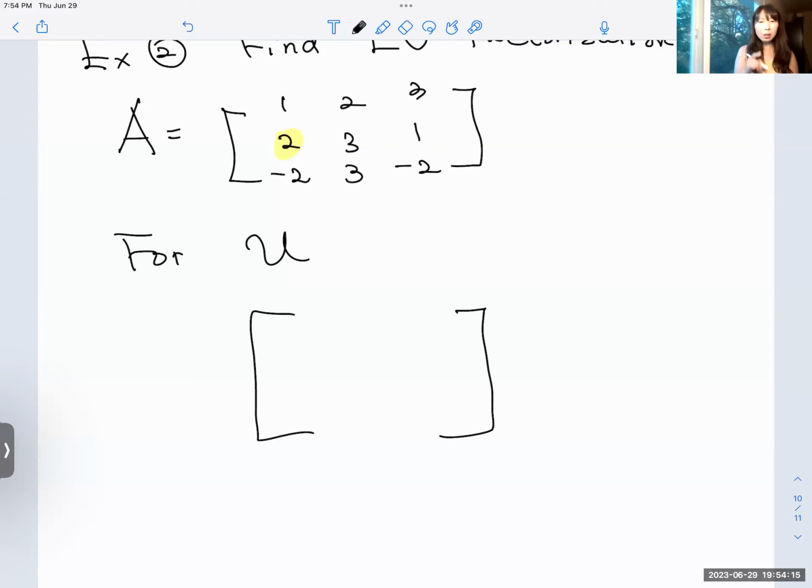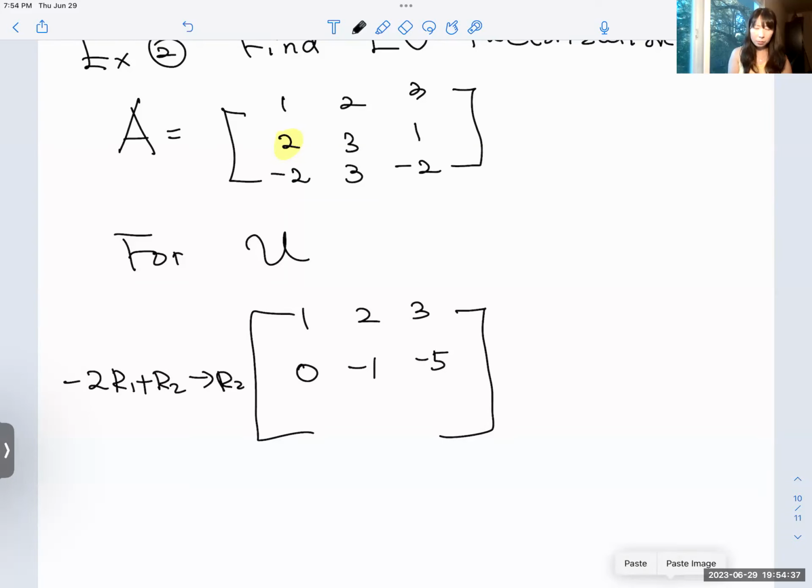Let us take R1, which is 1, 2, 3. Negative 2 row 1 plus row 2 to make row 2. I got 0, -1, -5. Now we want to make a 0 here, still using row 1.